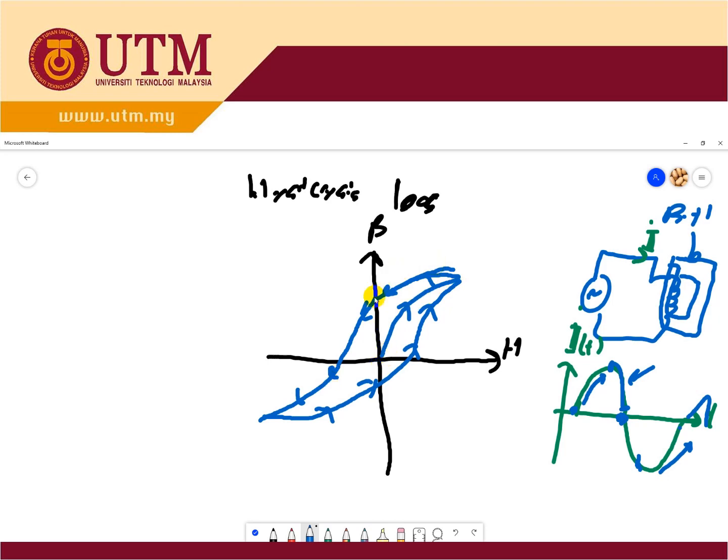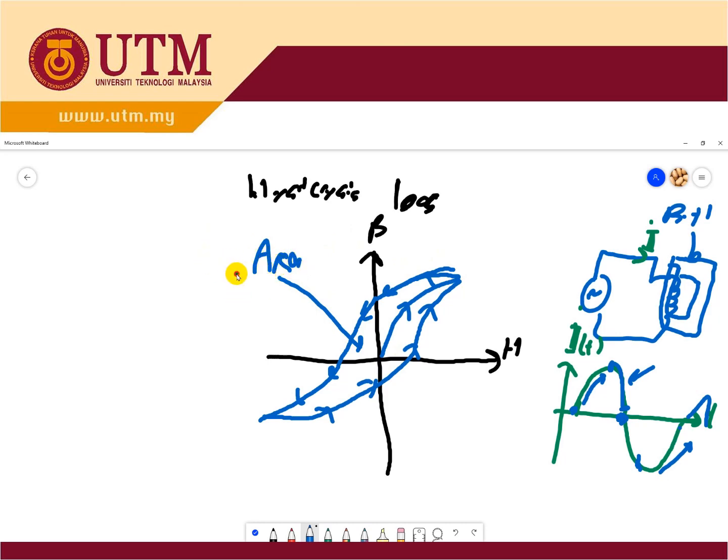This is the hysteresis loss. Basically, if you want to know how much the hysteresis loss is, you calculate the area inside the loop. The larger the area, the larger the loss.